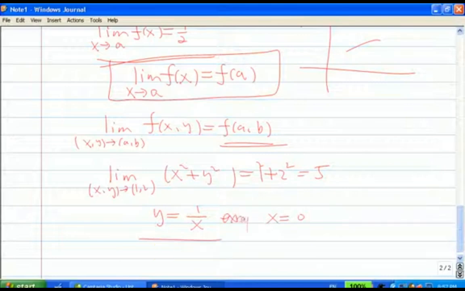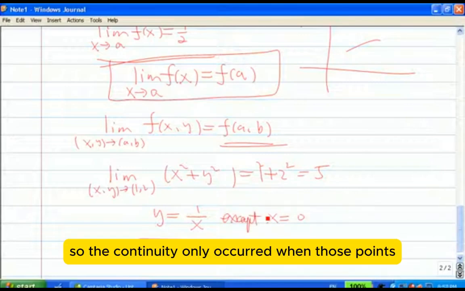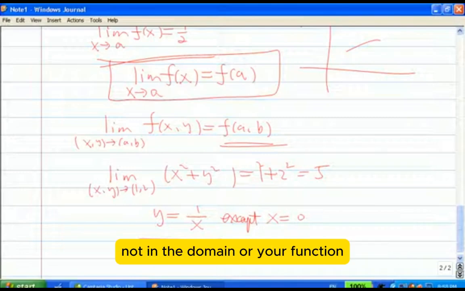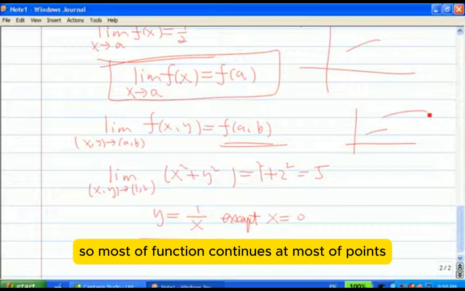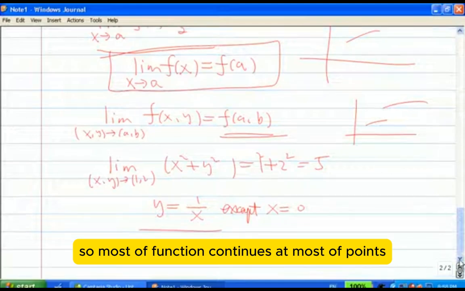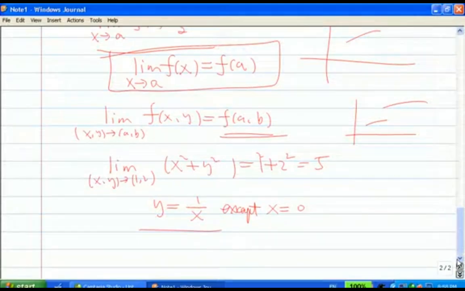So discontinuity only occurs when those points are not in the domain or your function is defined piecewise like that. So most functions are continuous at most points. Read the book, okay, important.